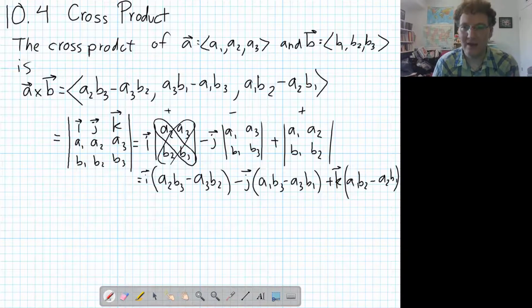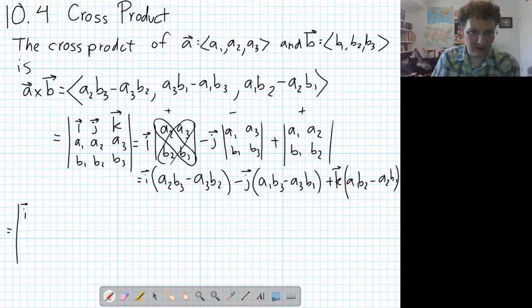This is what we have up above. Instead of putting i, j, and k, we just put those in the first, the second, and the third components. So this is the formula, and doing the other way that you can do a determinant is if you have i, j, k. Well, this is a method that I kind of like.